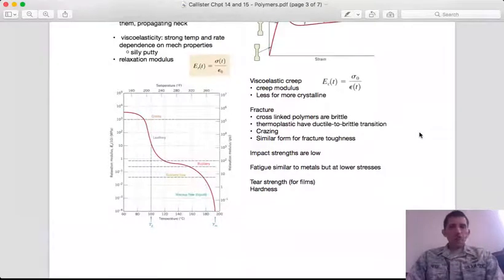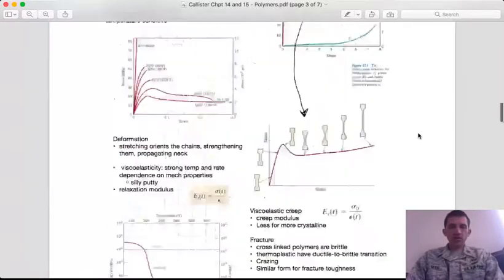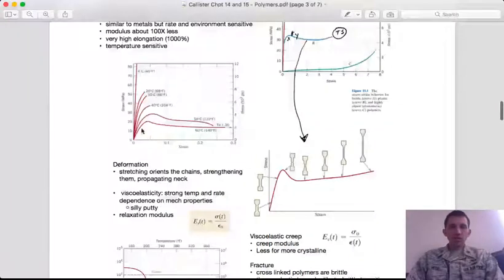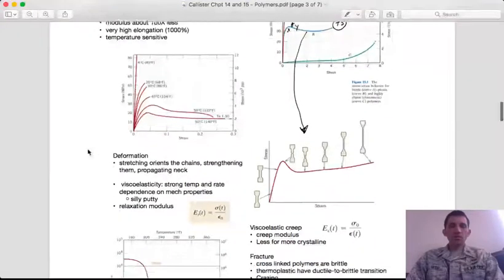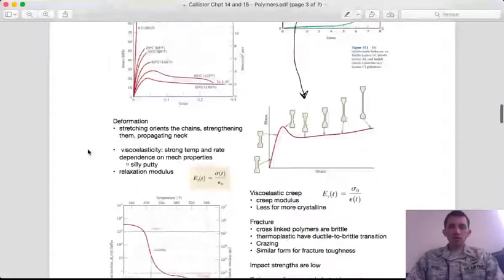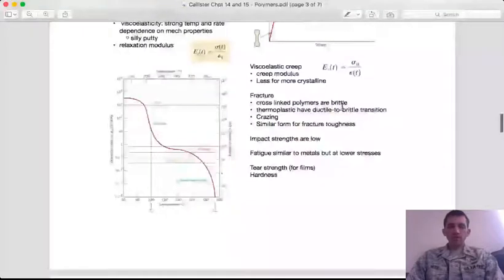Okay, so polymers fail in a number of ways. One is to fracture, and we've seen here so far, if we go back, talk about how, especially at low temperatures, materials can be very brittle. This also happens when you cross-link the materials.